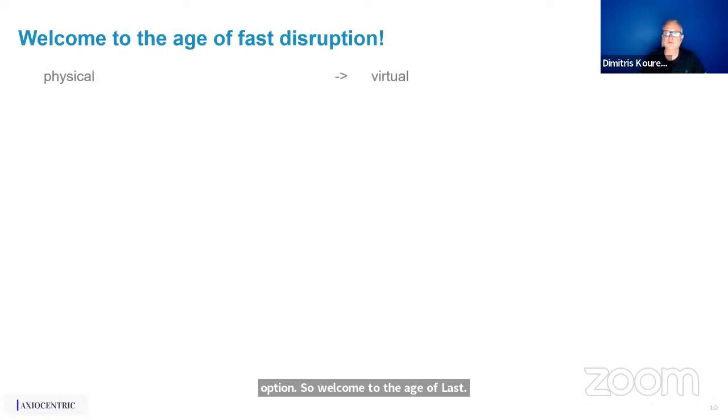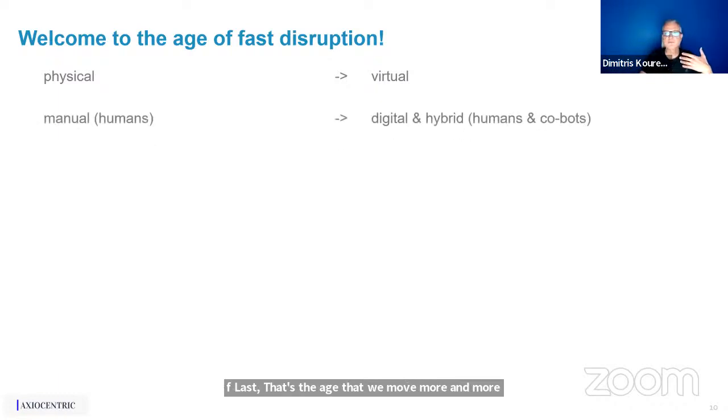That's the age where we move more and more from physical to virtual. We move from doing a lot of things manually as humans to working more and more with technology. So it's not just digital, it's hybrid. ChatGPT, for example, and generative AI should make marketers think completely differently going forwards, using those cobots to help them perform much better.